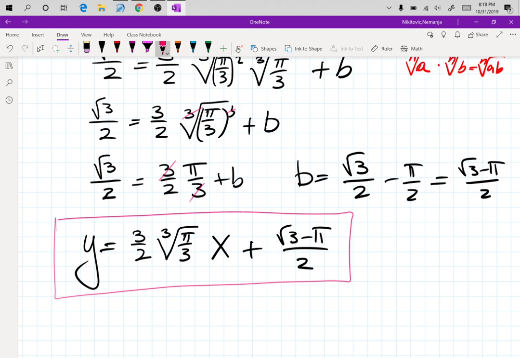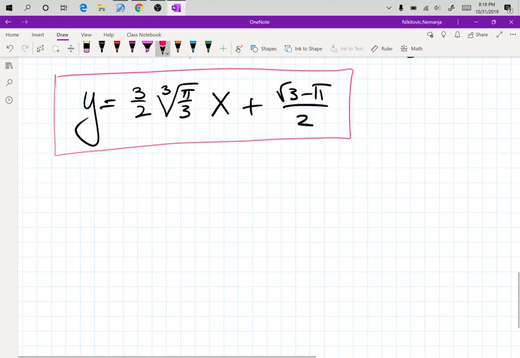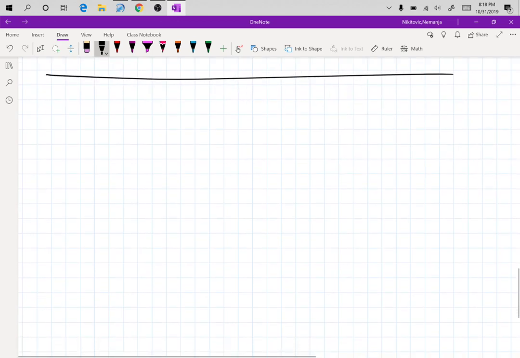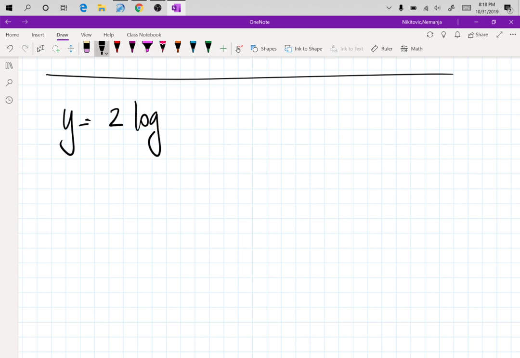So logarithmic differentiation question is next. y equals 2 log base 3 of x to the 4th minus 2. We are looking for dy/dx.